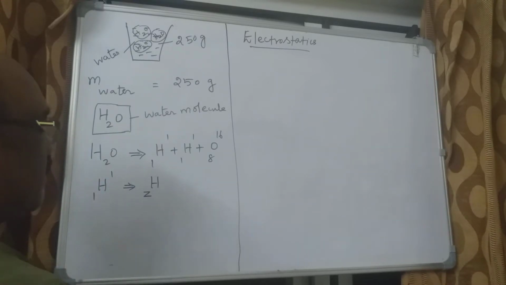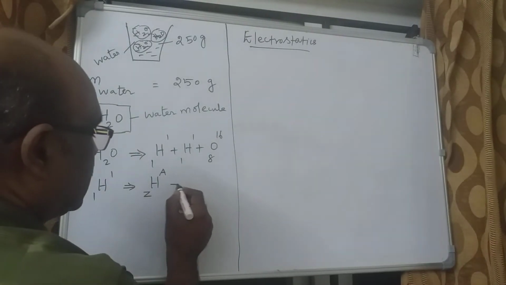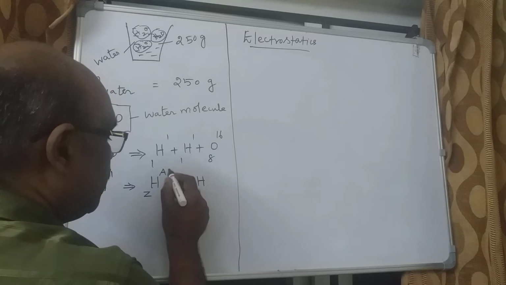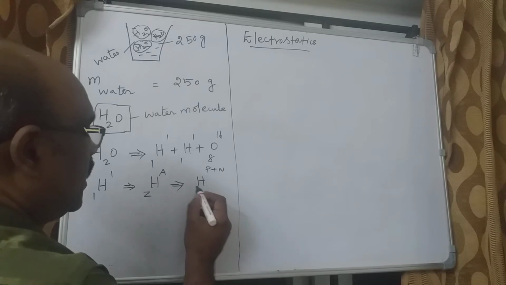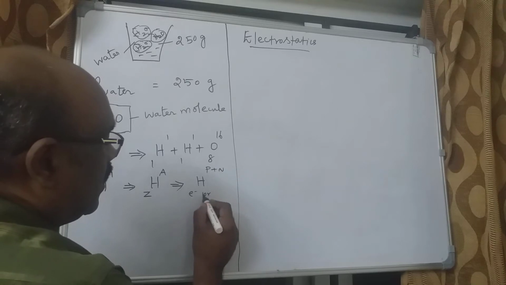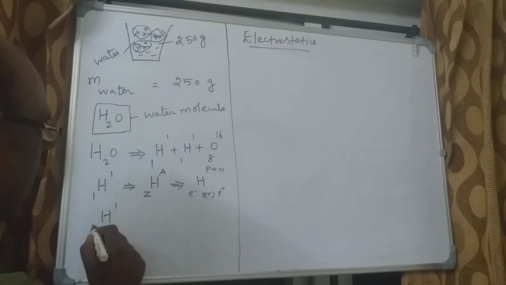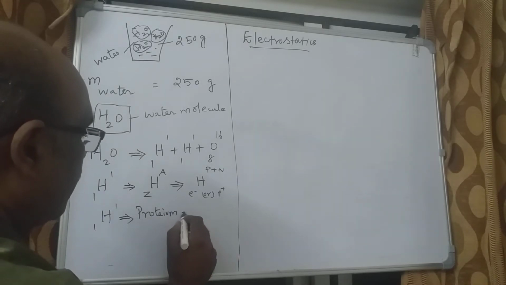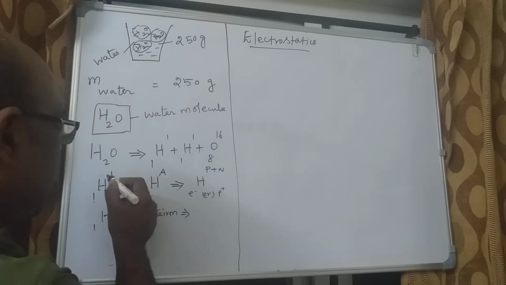Atomic number is represented by the letter Z and mass number is represented by the letter A. The mass number is the number of protons plus the number of neutrons, whereas the atomic number is the number of electrons or the number of protons. So, if we take the hydrogen atom known as protium, the electron is 1, the same as the proton.